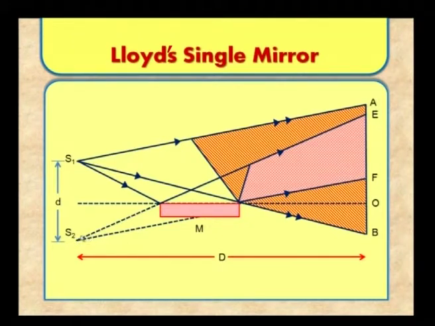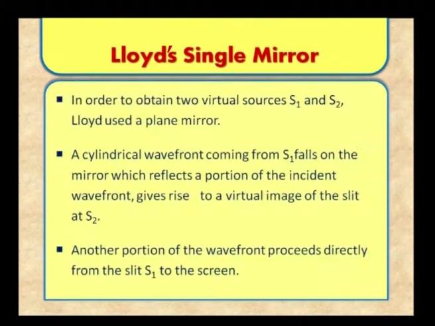S2 is a source from where light will be coming and traveling along this direction E. S2 is the virtual source obtained from S1.